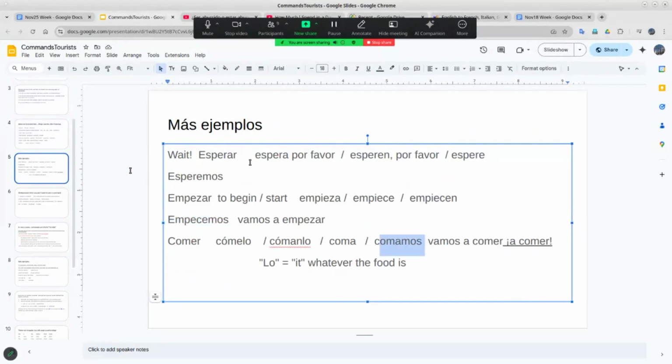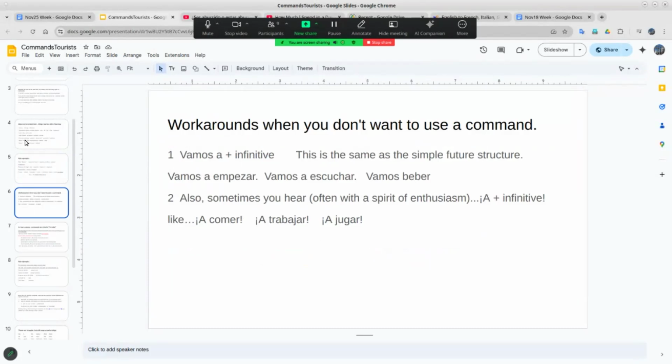Bien, comamos, let's eat. But come, eat, we just take the S off. We pop on an opposite vowel for an ustedes command, cómanlo. We pop on an opposite vowel for an usted command, coma. So that's our basic info with commands.